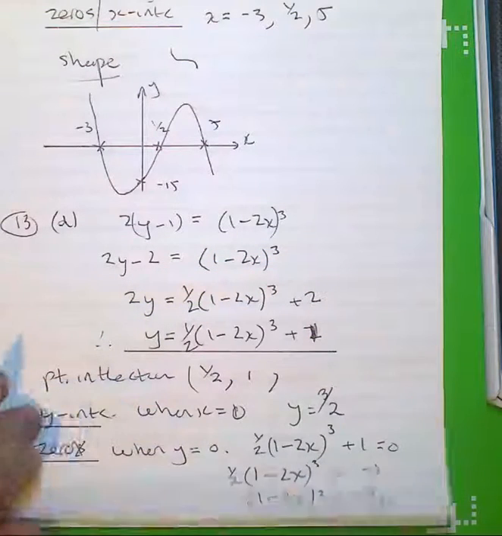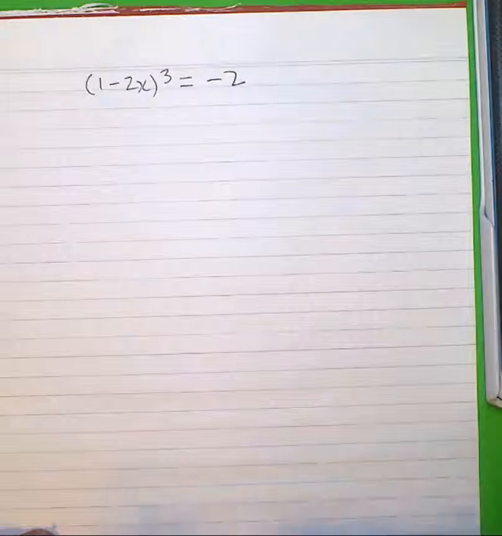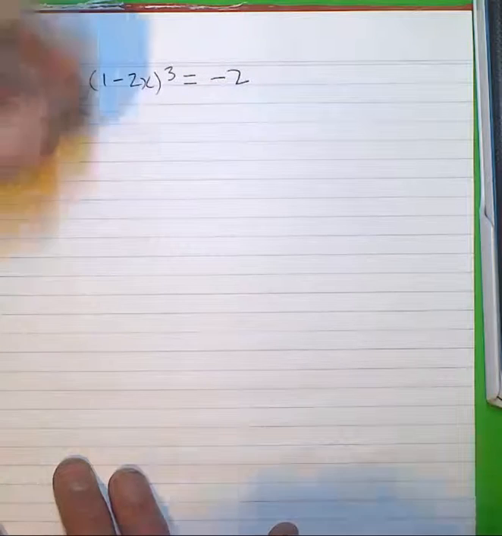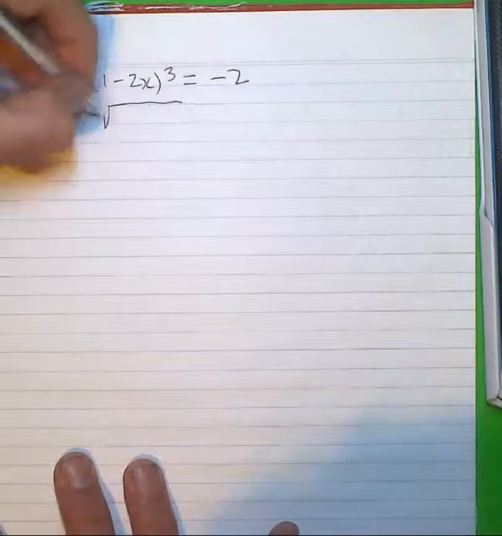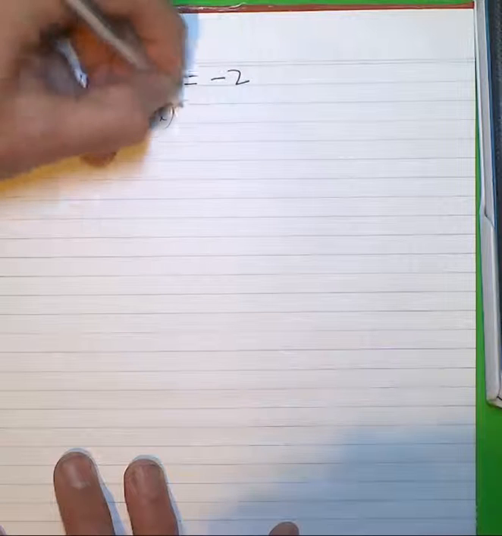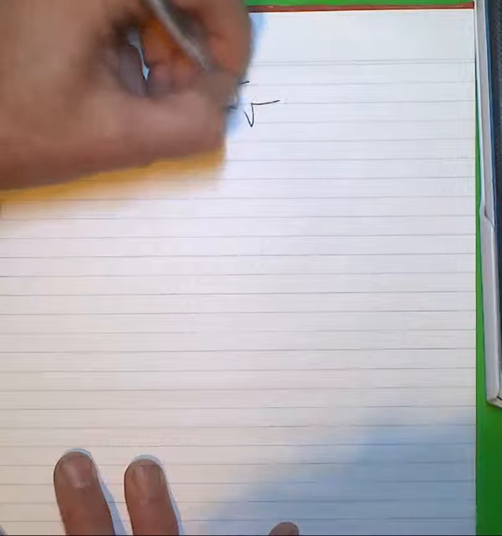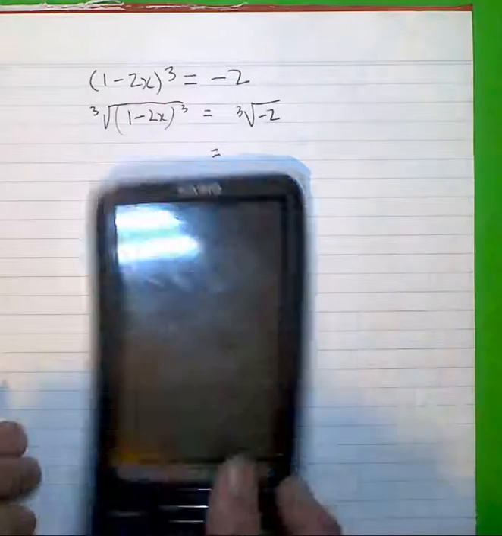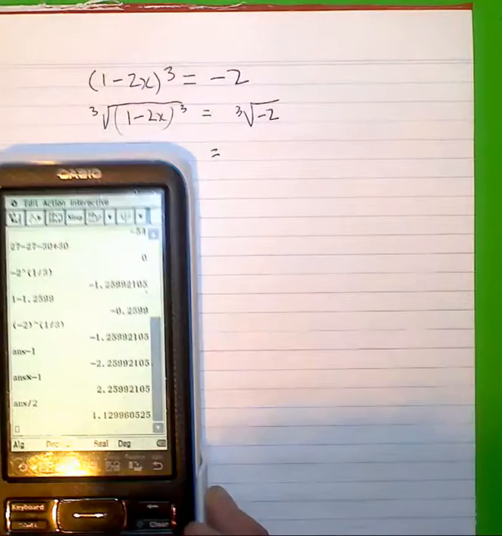I'll just have to continue that on the next page. And that, of course, was 1 minus 2x cubed is equal to negative 2. I now take the cube root of both sides. I better just quickly work the cube root on the calculator.